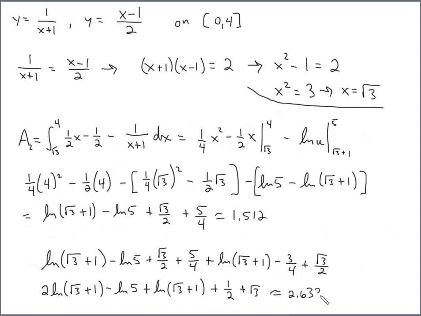If it asks you to round to the nearest thousandth or something like that. Alright, so pretty complicated problem here. Two different integrals that were not too much fun, but at the end, that's what we got, 2.633.